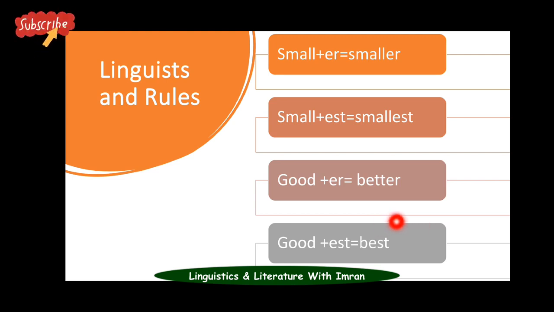So the student might ask you how good plus est is best and how good plus er is better, not gooder. So these are the problems that the students or the teacher may encounter when you teach them in the classroom, right?